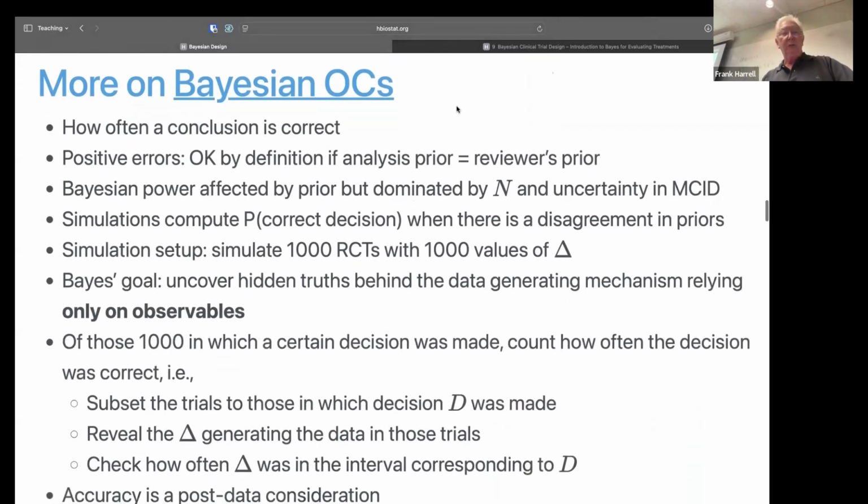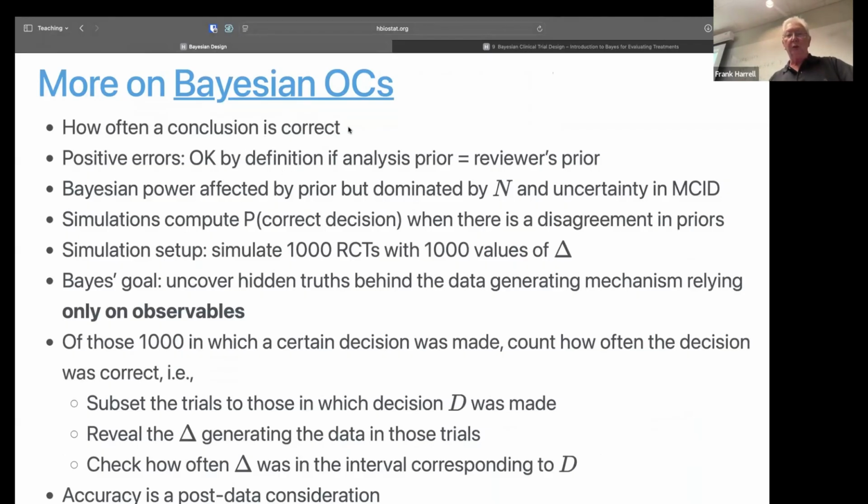So more about Bayesian operating characteristics. In terms of the positive direction, if you say that the probability is 0.97 that the treatment works, and you want to act as if it does, you approve the drug, the chance that you're wrong is 0.03 if the prior used to calculate the 0.97 is the same as what some critic would use who has a lot of power and a lot of say.